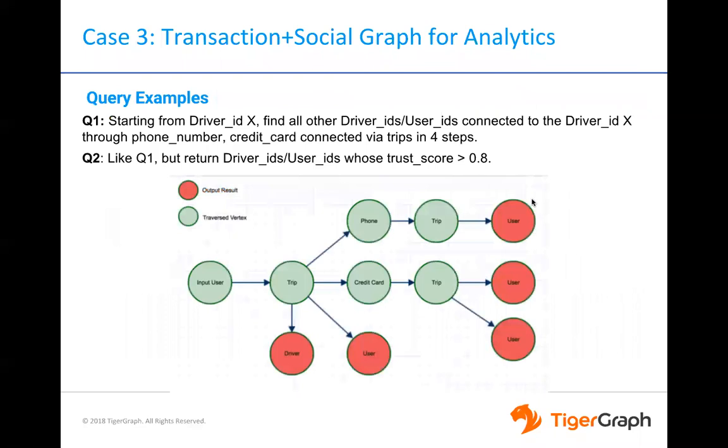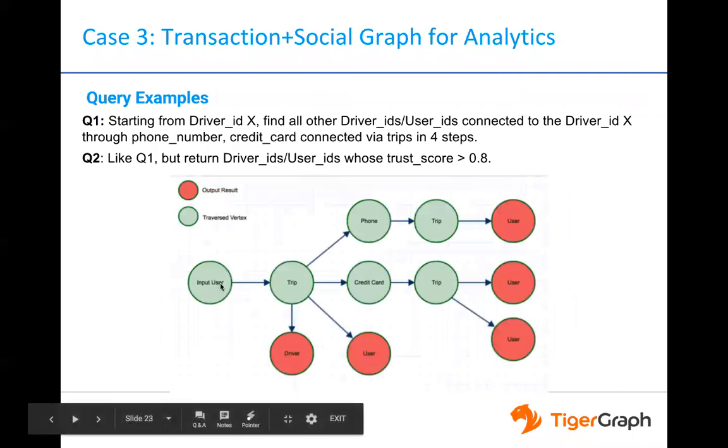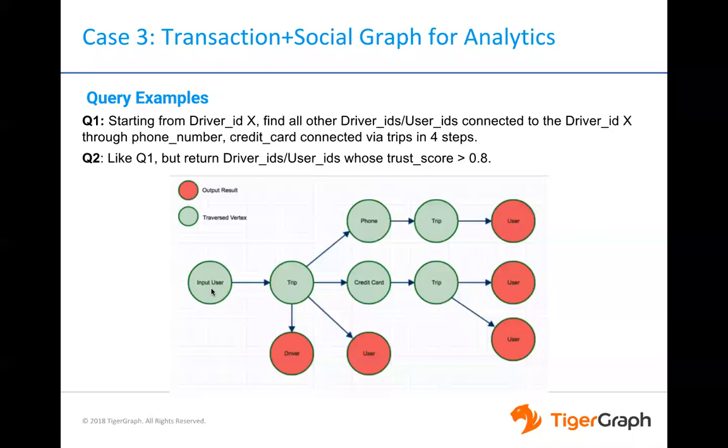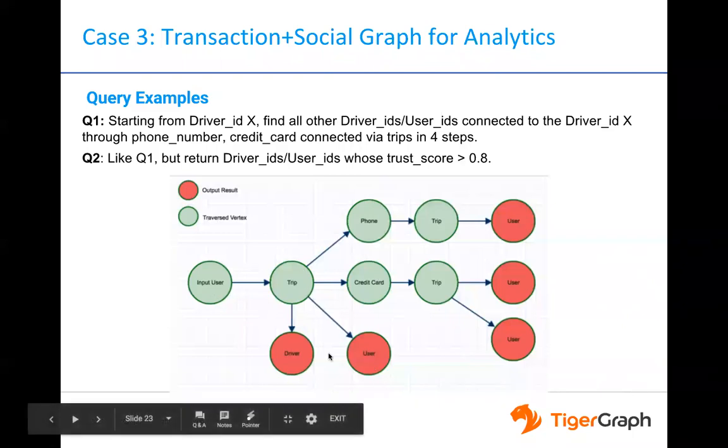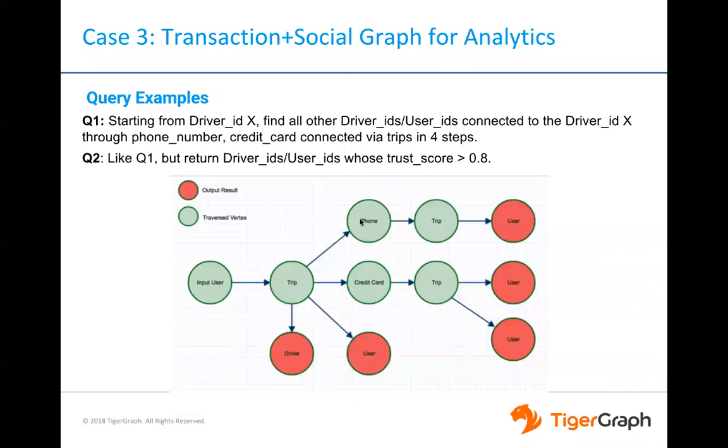Just an example of the queries when I said 4-hop. So start with one user, in this case a driver who has executed a trip, and the trip is associated with a phone call, the person, how the trip was ordered, how it was paid for, and then we see connections to other users and other drivers. So they wanted to see, following all possible connections like this, to find the users at the end.